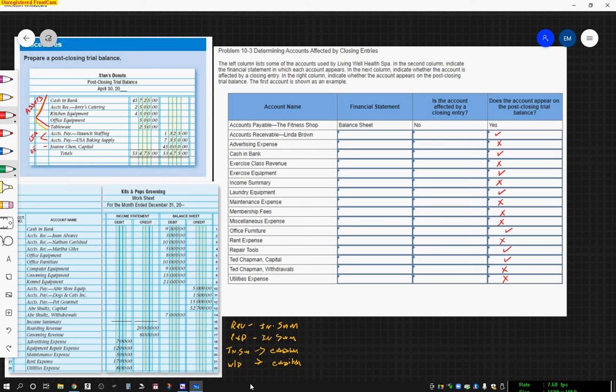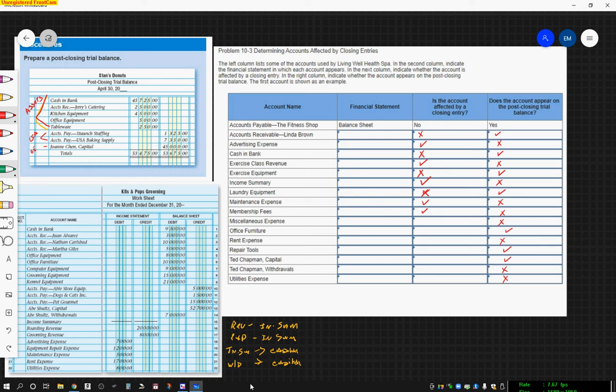Receivables? No. Expense? Yes. Cash and bank? No. Revenue? Yes. Equipment? No. Income summary? Yes. A big yes. Laundry equipment? No. Expense? Oops, put an X there. And then you say maintenance expense and fees.